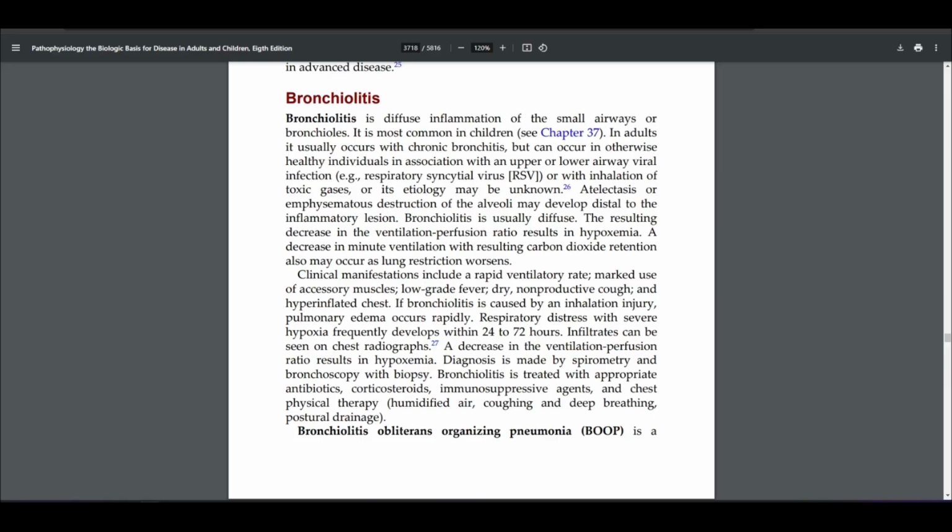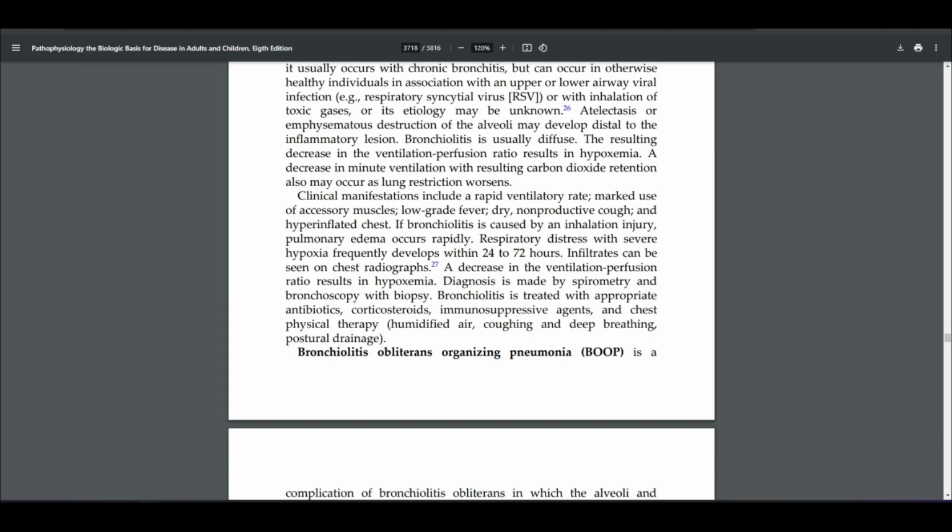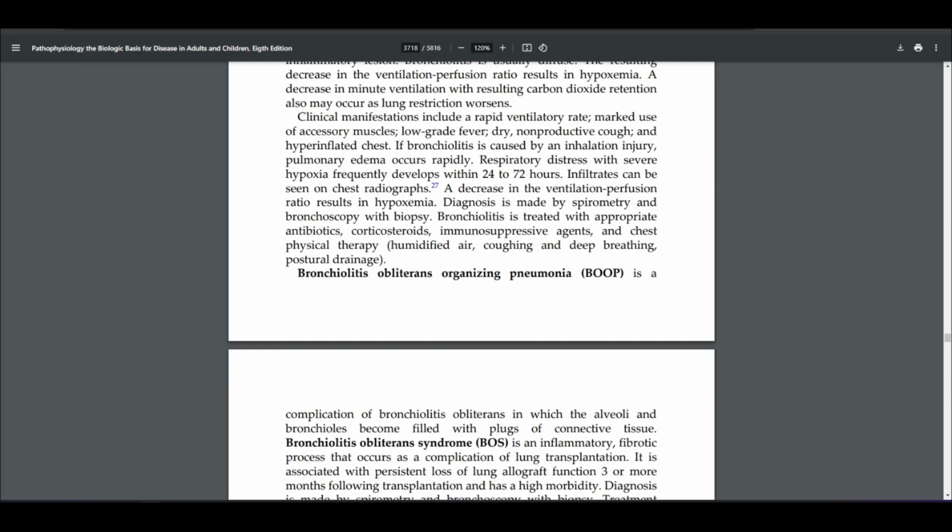Bronchiolitis is usually diffuse. The resulting decrease in ventilation-perfusion ratio results in hypoxemia. A decrease in minute ventilation and resulting carbon dioxide retention also may occur as the lung restriction worsens. Clinical manifestations include a rapid ventilatory rate, marked use of accessory muscles, a low-grade fever, dry or non-productive cough, and a hyperinflated chest.